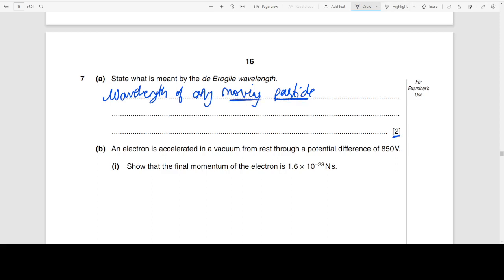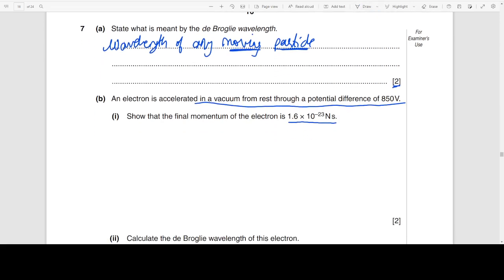An electron is accelerated in a vacuum from rest through a potential difference of this, so that the final momentum of the electron is this. So let's see, we know voltage, we have the charge of electron, which is negative 1.6 into 10 raised to minus 19.